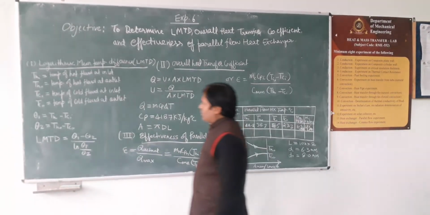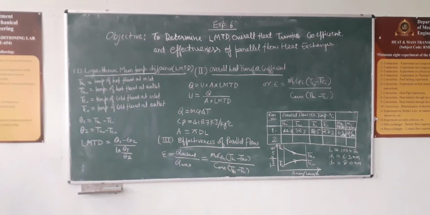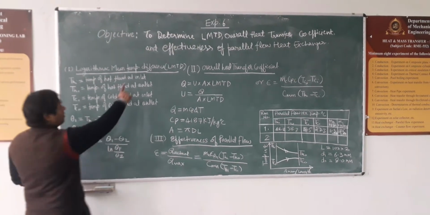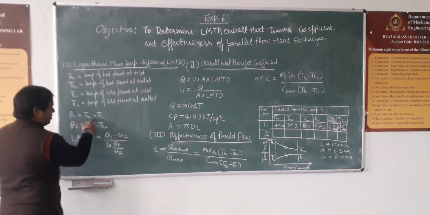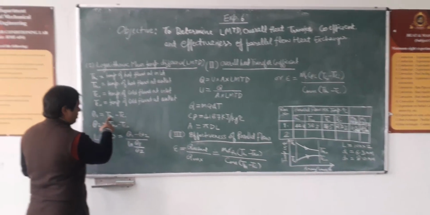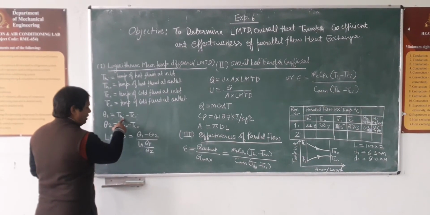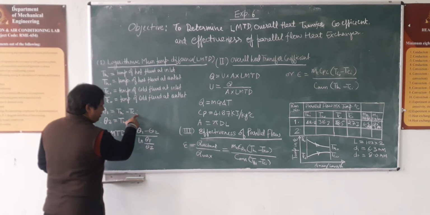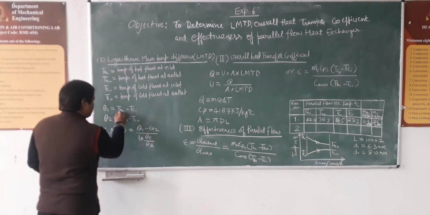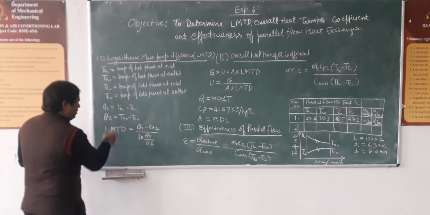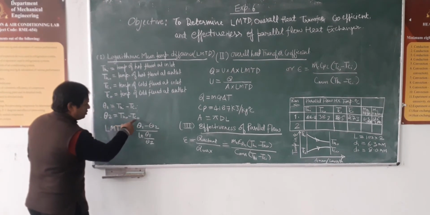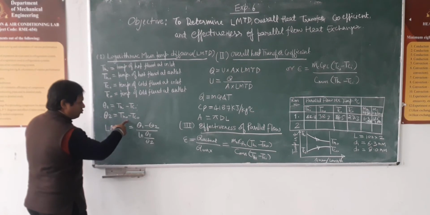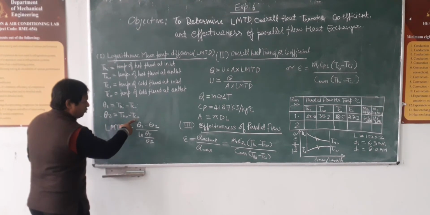Now our motto is to calculate the logarithmic mean temperature difference, LMTD, and all of you know theta 1 is THI minus TCI, the temperature of hot fluid at inlet minus the temperature of cold fluid at inlet. Theta 2 will be TH naught minus TC naught, the temperature of hot fluid at outlet minus the temperature of cold fluid at outlet.